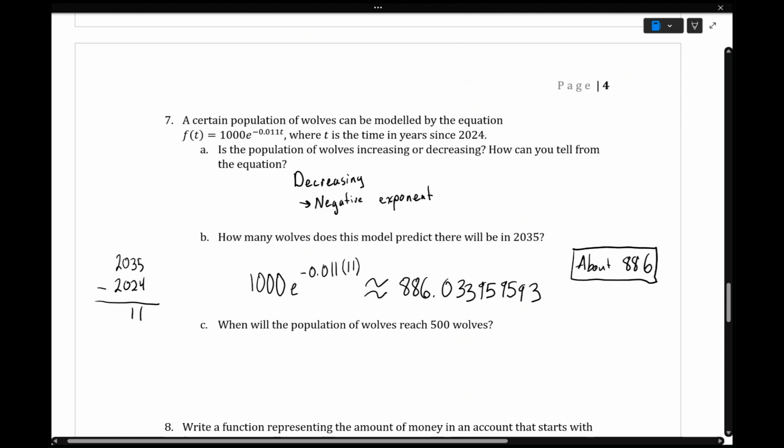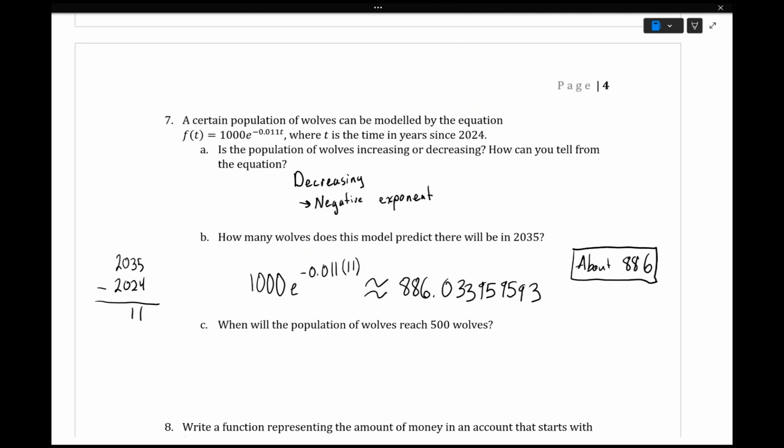So when will the population of wolves reach 500 wolves? Hey, that's an equation to solve. So I have 500 equals 1,000 e to the negative 0.011 t. And we solve just like we did the other ones. I divide by 1,000.